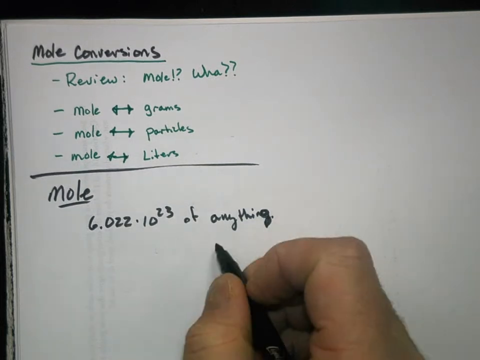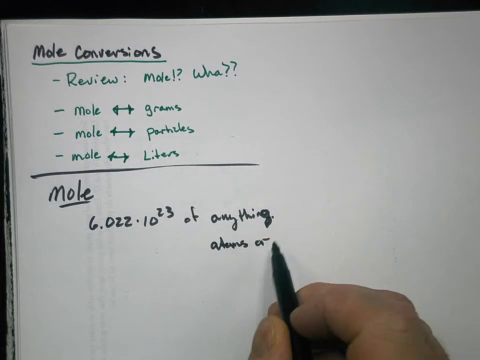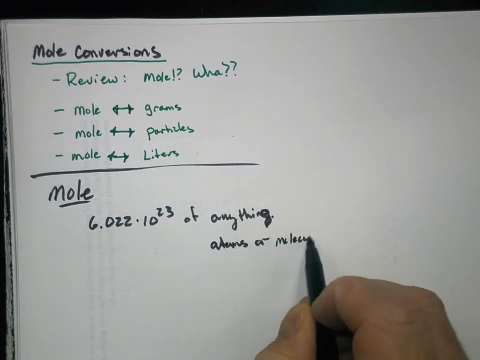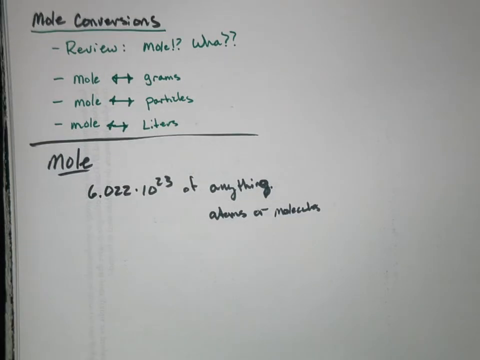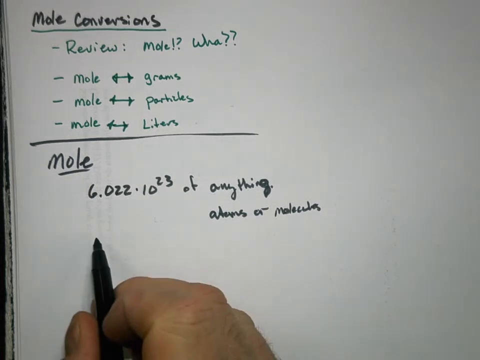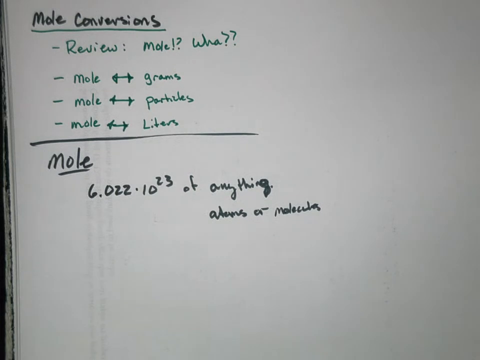But we usually talk about atoms or molecules when we're talking about a mole. And the reason we have this number is to create a bridge between the microscopic or the submicroscopic to the macroscopic. So from really, really small things to things we can deal with.